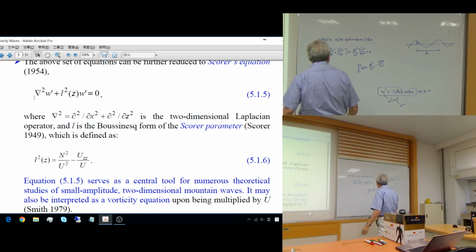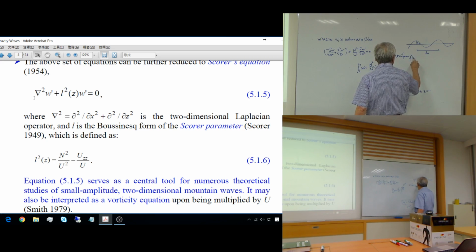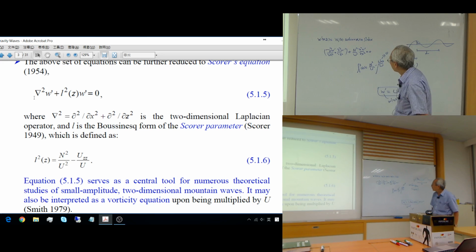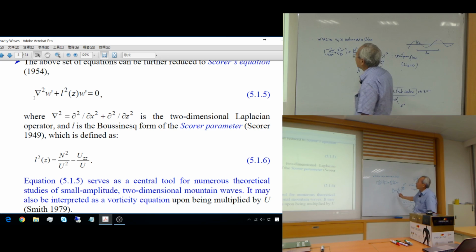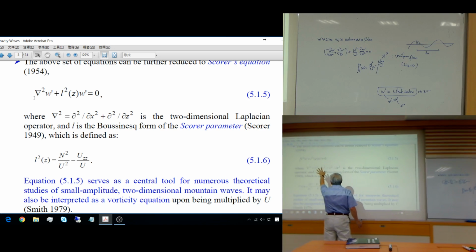So this is gone, because we assume uniform flow. We call it uniform flow, which means no shear. So U_zz is equal to 0. Then l square of z becomes l square because it is constant.